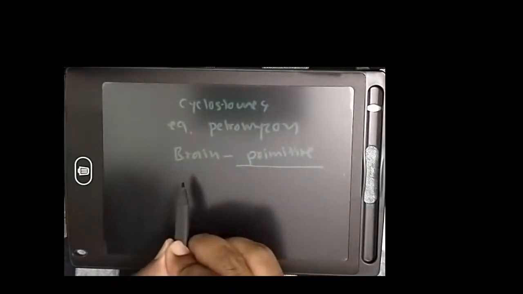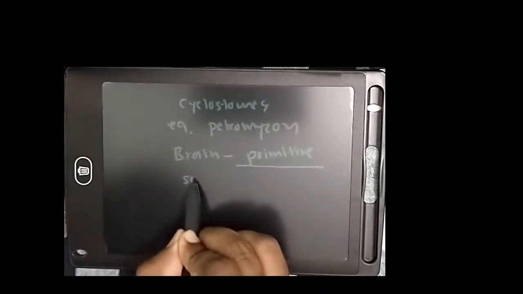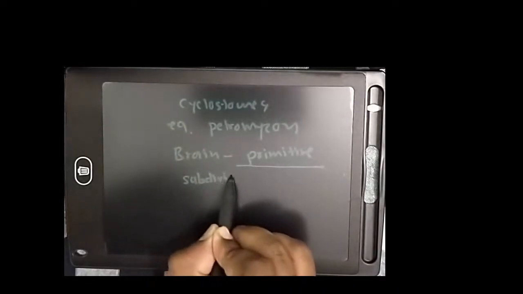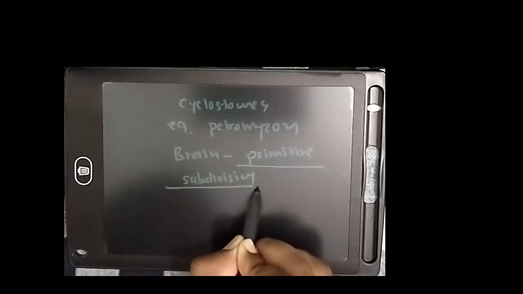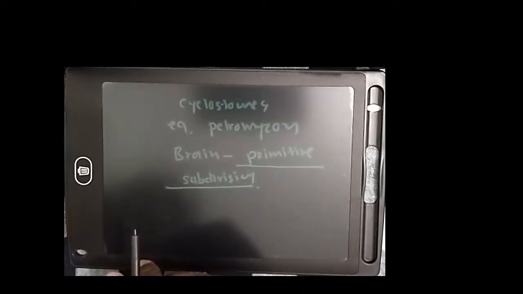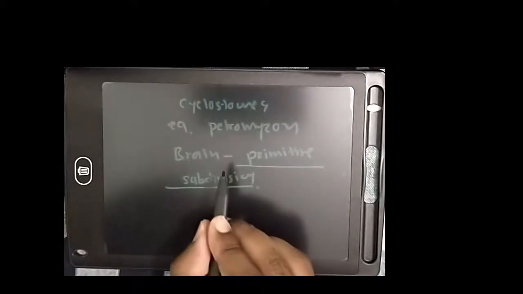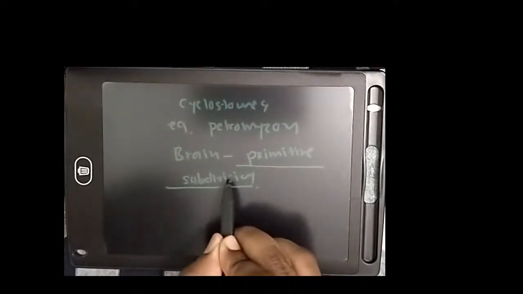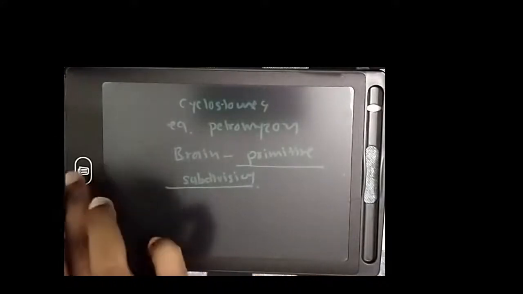Subdivisions are not well marked. Subdivisions like the forebrain, midbrain and hindbrain, which are well marked in other vertebrates from Pisces to mammals, are not marked in the cyclostome.